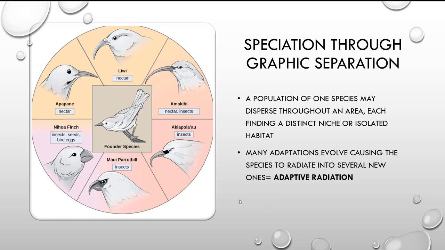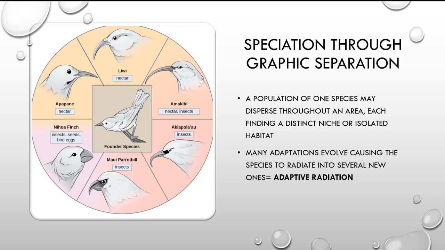So here's an example of dispersal, where a population of one species may disperse throughout an area. In the Hawaiian Islands, for example, we have the honeycreepers. We have a founder species that somehow got blown off course and established itself on the Hawaiian Islands.